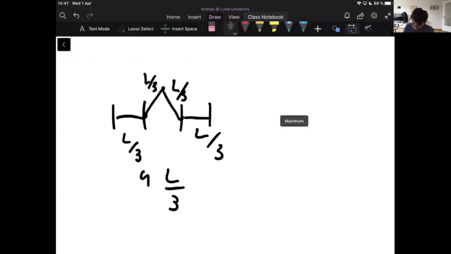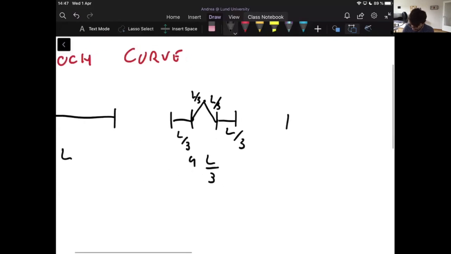And then you can go on and on doing the same thing, dividing each segment into 3 and drawing an equilateral triangle. Also the segments which are, yeah, mine is pretty bad.